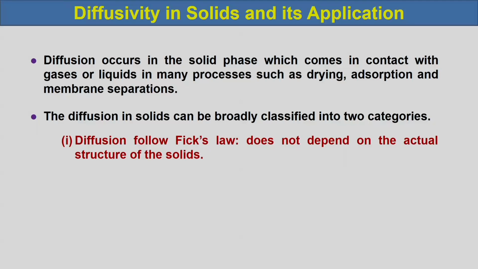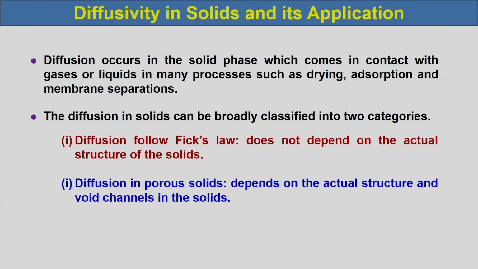The first one is diffusion that follows Fick's law, that is, does not depend on the actual structure of the solid, and the second one is diffusion in porous solids, which depends on the actual structure and void channels in the solids.